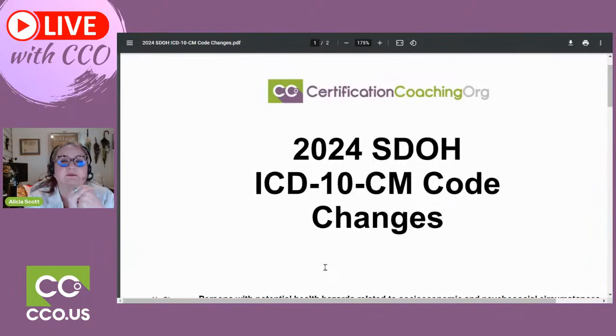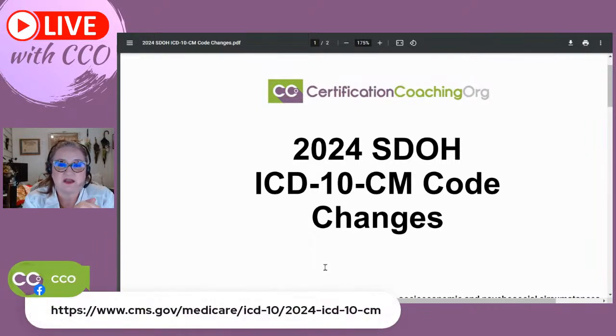You can take these and share them with your providers and with your coders. Give them a heads up. Discuss them. Make sure that you all understand the additions and the changes. And if you have patients that fall into these categories, make sure your providers know that these code changes are available for you to translate. Again, these are up on the cms.gov site. We just shared it here with you.